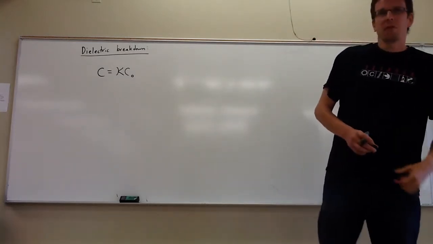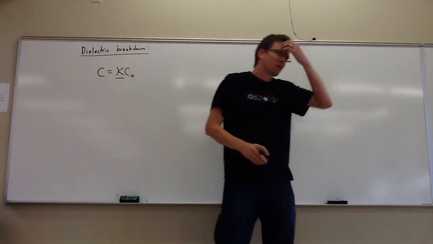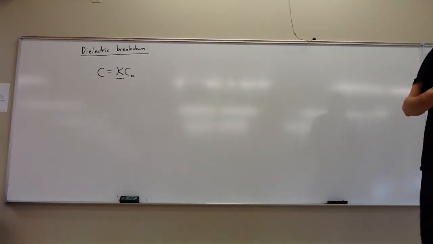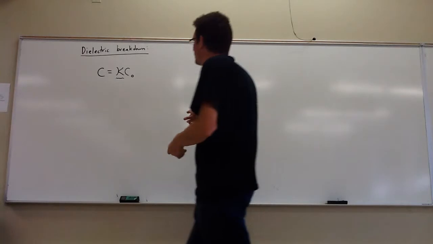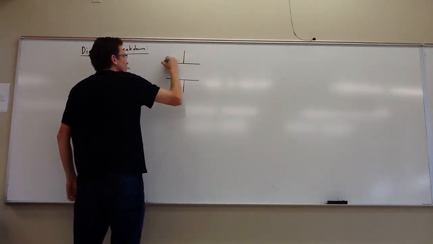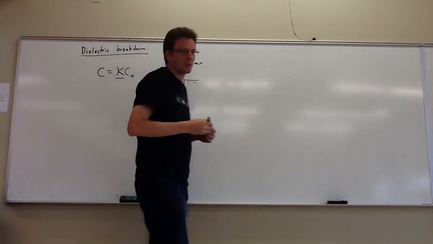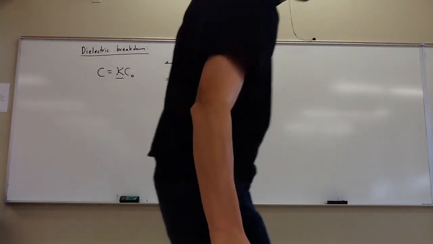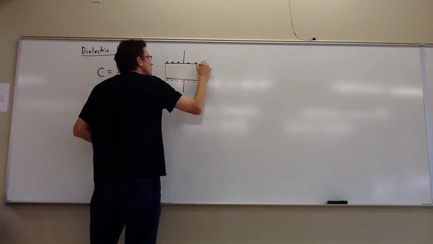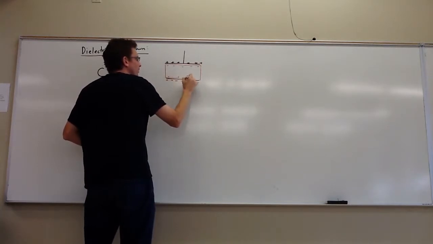So, kappa is the dielectric constant of the material, and if that's 2 or 3 or 1,000, you get that many times more capacitance. Remember, ultimately, the mechanism by which it does that is that if you have charge on the plates, then inserting that material will cause the insulator inside to polarize.